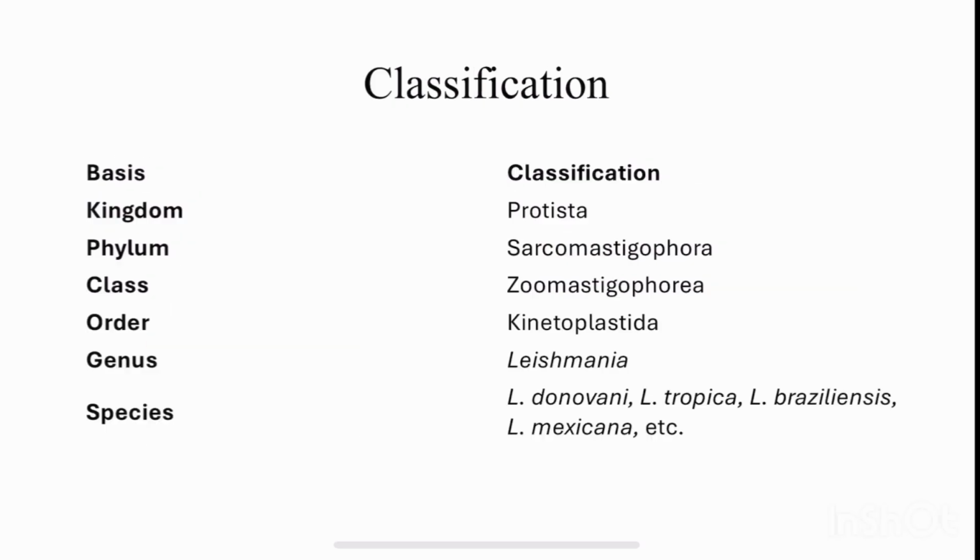Starting with the classification, Leishmania is a protozoa, so it belongs to the kingdom Protista, phylum Sarcomastigophora. The class is Zoomastigophorea. Order is Kinetoplastida. Genus is Leishmania. The important thing you have to remember is the genus.